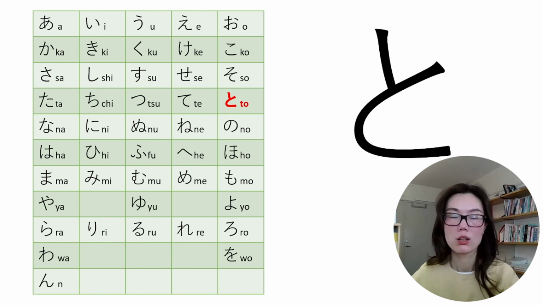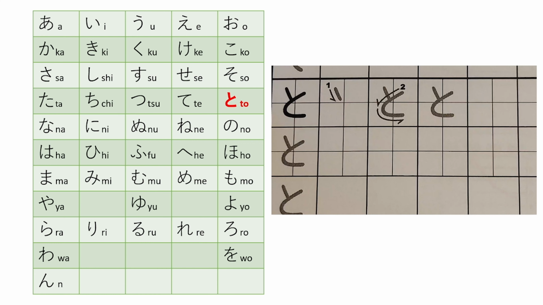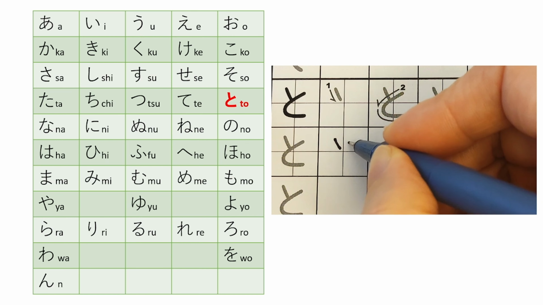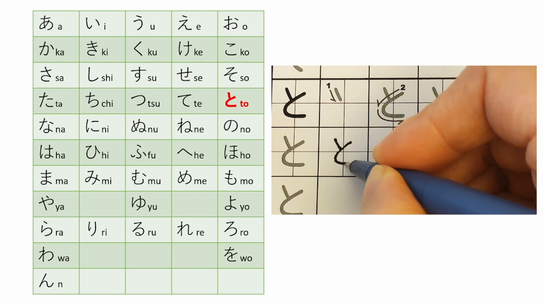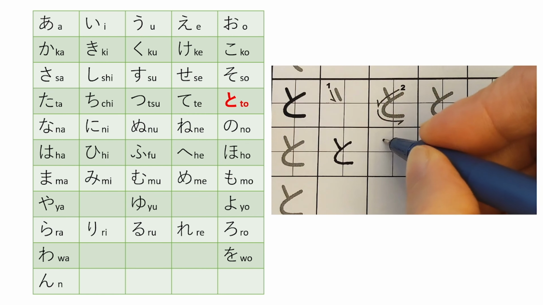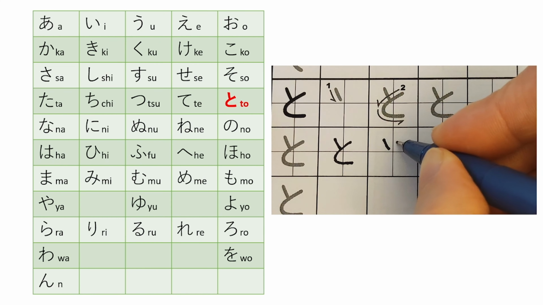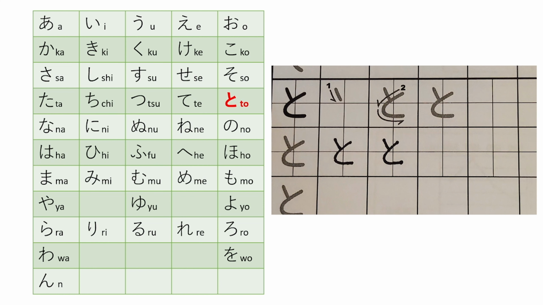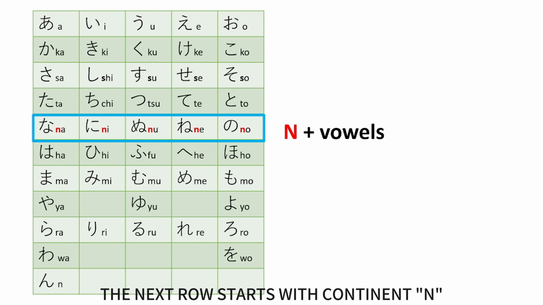To, to, to. The next row starts with consonant N.